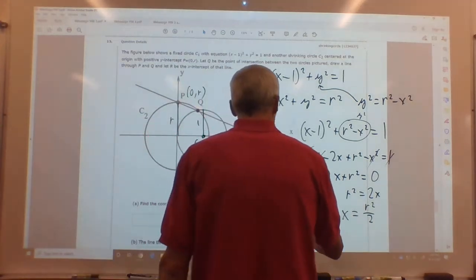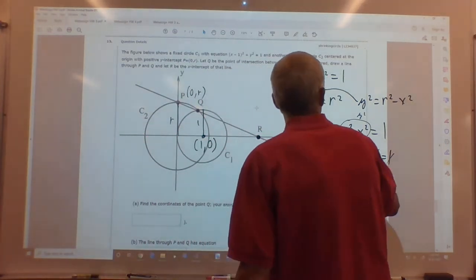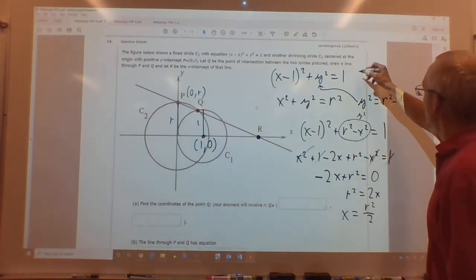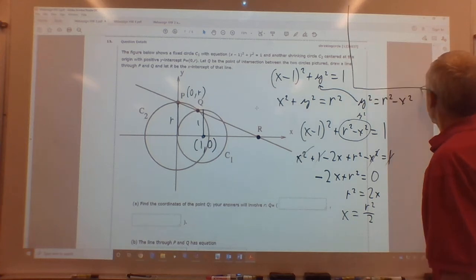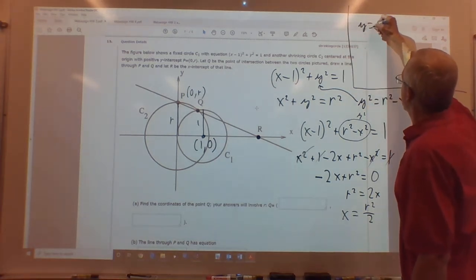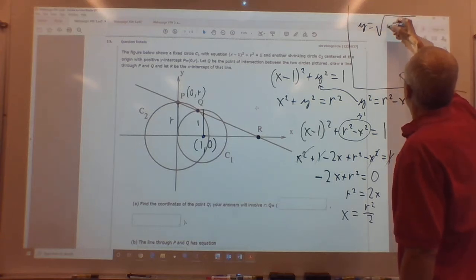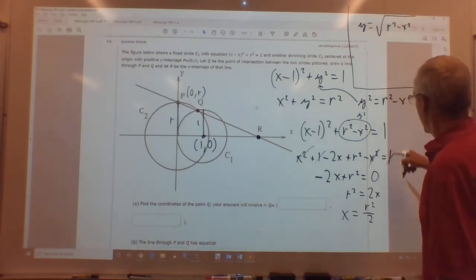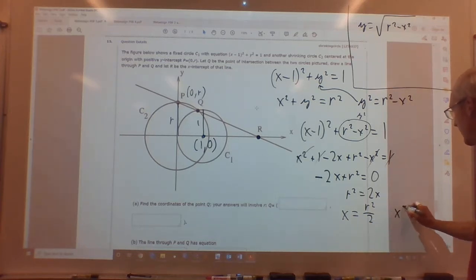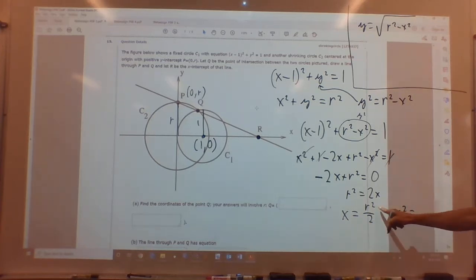I'm going to work upwards now. So if y squared is r squared minus x squared, y is the square root of r squared minus x squared. X is r squared over 2, so I'm going to square that. So x squared is r to the 4th over 2 squared, which is 4.